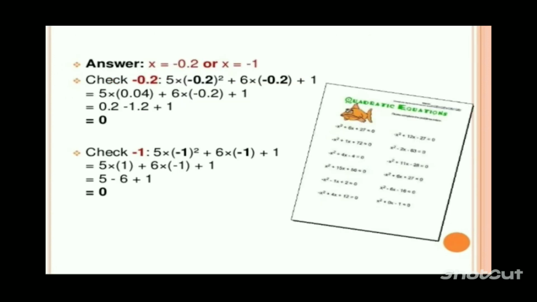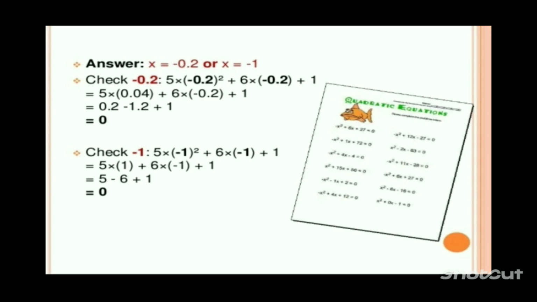Then the answer. Let's check it. For negative 0.2: 5 times negative 0.2 squared plus 6 times negative 0.2 plus 1 equals 5 times 0.04 plus 6 times negative 0.2 plus 1, which equals 0.2 minus 1.2 plus 1, which equals 0.